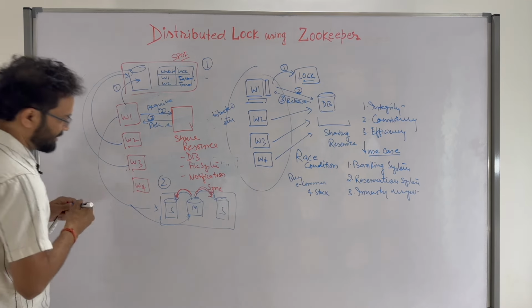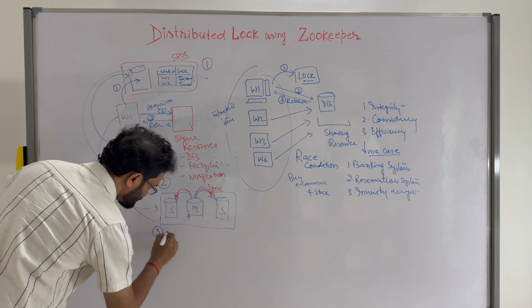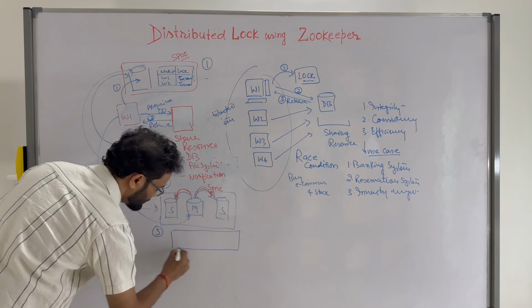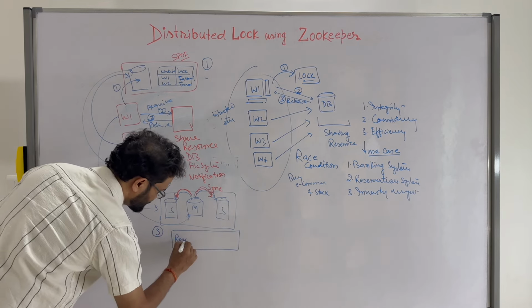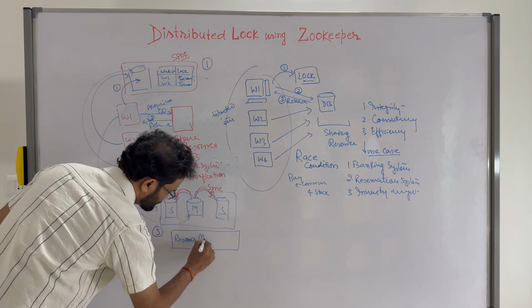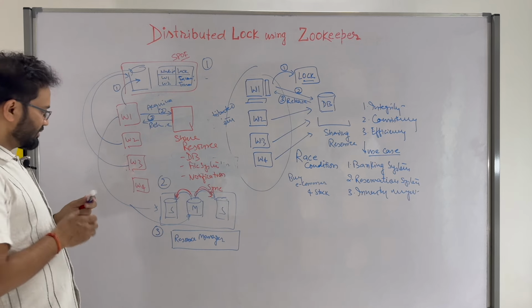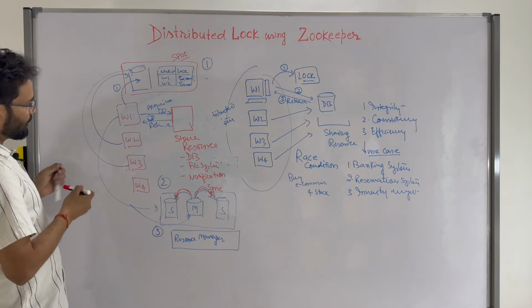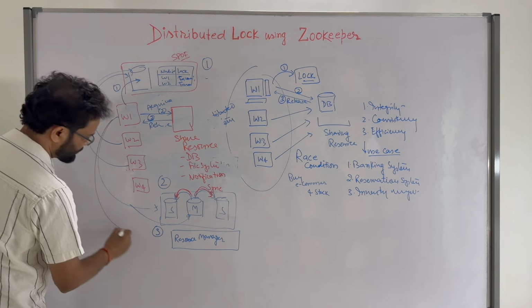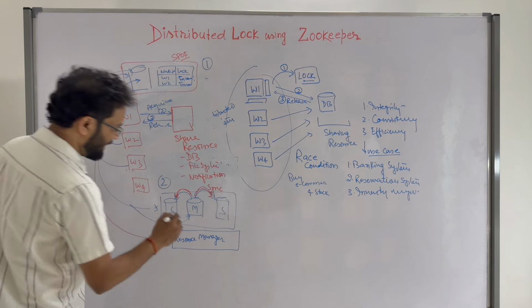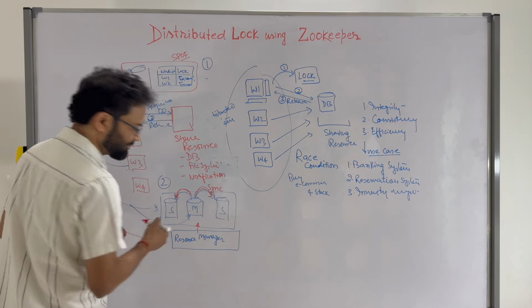The third approach is that we will have one resource manager, right? Whenever a node wants to acquire the lock, it will first talk with the resource manager, and then the resource manager will talk to the database.